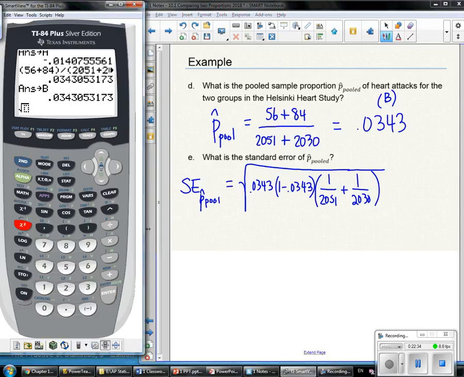And remember, I called this b, so I'm going to say b times 1 minus b, and then I'm going to have 1 divided by 2051 plus 1 divided by 2030. And like I said, when we do the test on the calculator, it will give you all this information. And so we end up with a standard error of 0.0057.